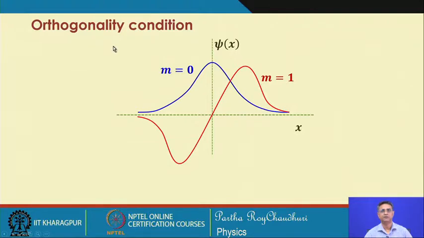Now, look at this orthogonality condition. When m equal to 0, you have the fundamental mode for a symmetric planar dielectric structure, and when m equal to 1, the first order mode, you have an antisymmetric distribution of the field.